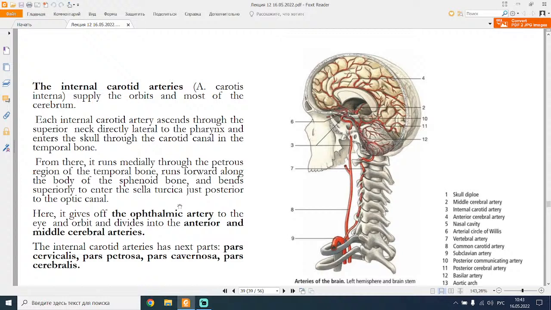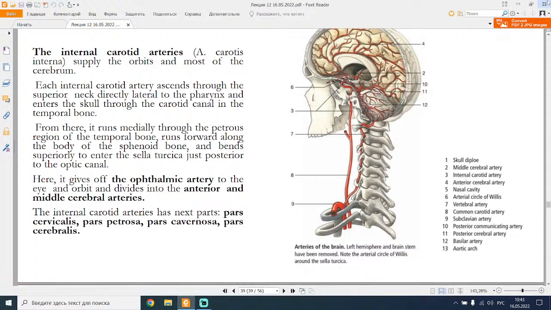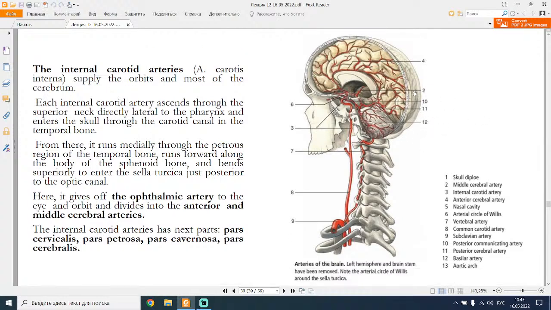The internal carotid artery, arteria carotis interna, supplies the orbit and most of the cerebrum. Each internal carotid ascends through the superior neck, directly lateral to the pharynx, and enters the skull through the carotid canal in the temporal bone.